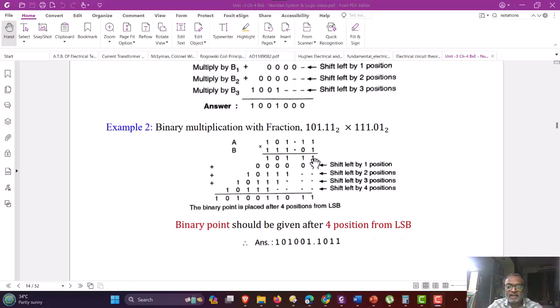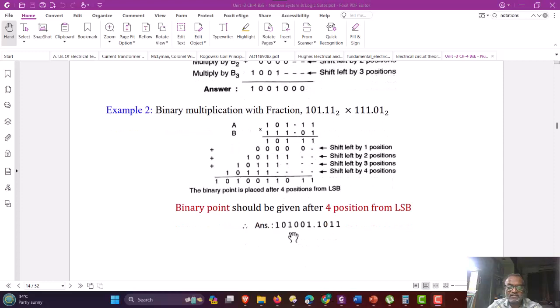If you consider 0 base position, then this is B0, B1, B2 and B3. After B3 we will put the decimal point, and therefore the result will be 101001.1011.